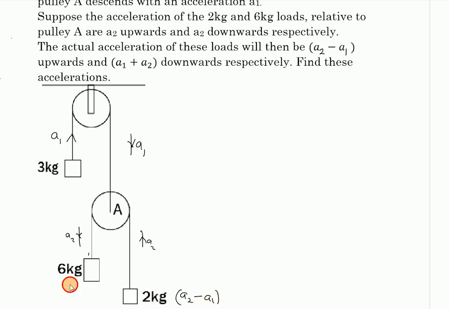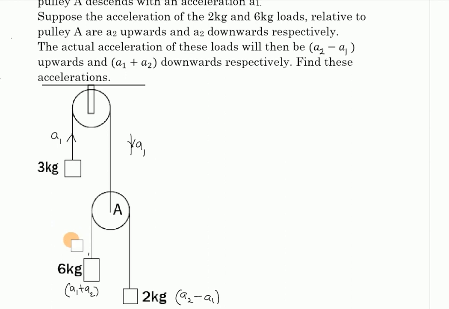Well, this one will be moving downwards, but its actual acceleration shall be A1 plus A2. That is what is going to happen. The whole thing is coming downwards at A1, but again, relative to A, there is this one. So I guess we're getting what I'm talking about.